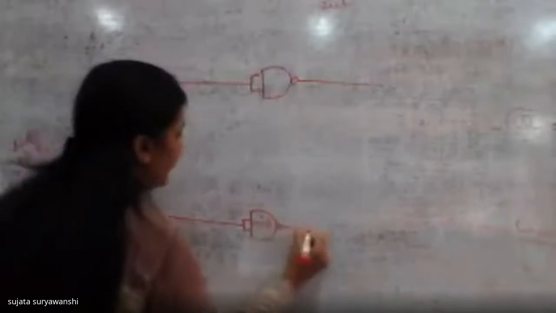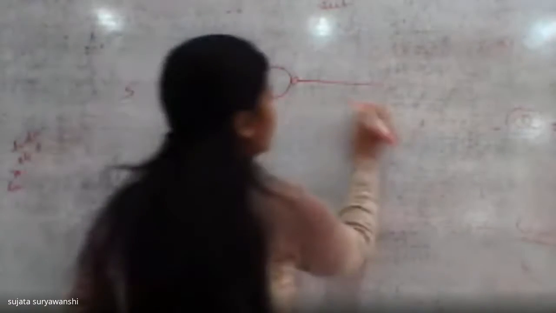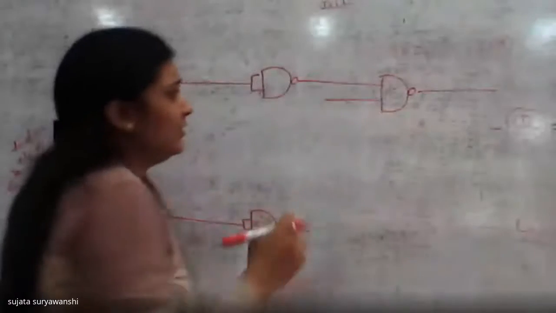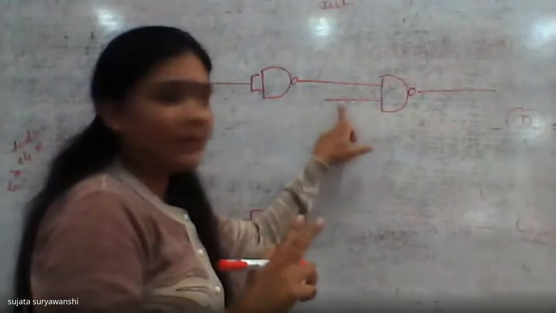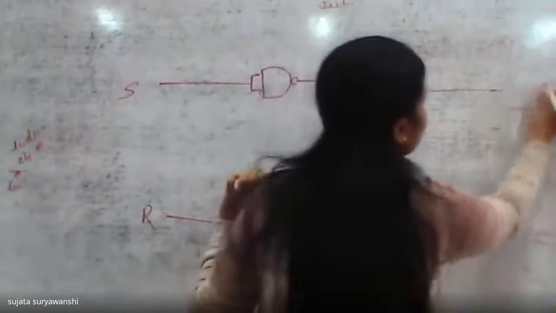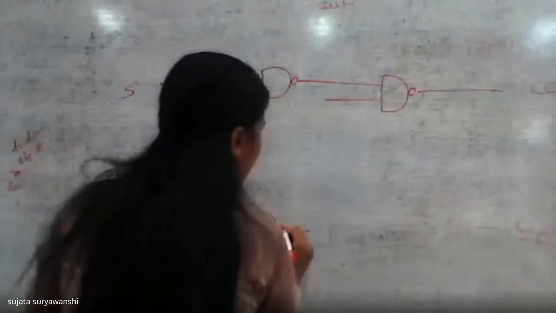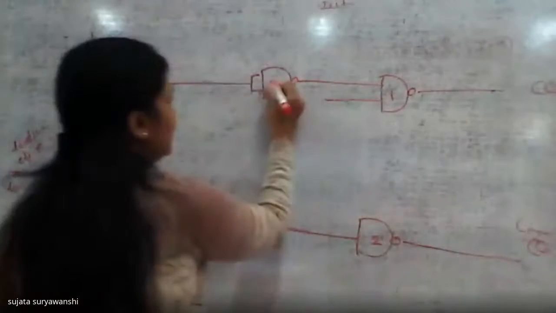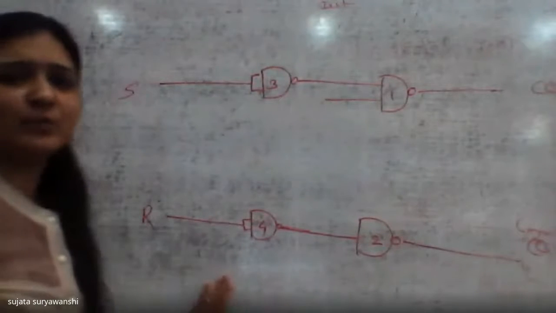Again, use another single input NAND gate, and suppose its input is R. Then use one more NAND gate, but here the number of inputs is 2, and the output will be 3. The output of this NAND gate is given as one of the inputs of the next NAND gate, and its output becomes the Q component. Here we have 1, 2, 3 and 4, so four NAND gates are used.